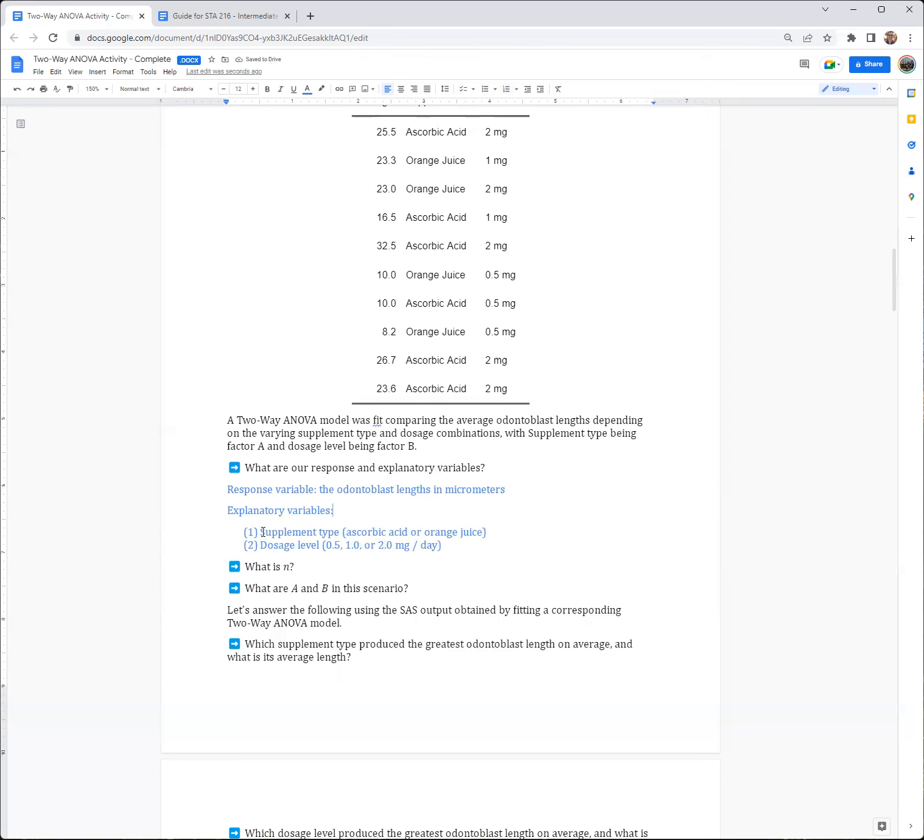So this is what makes it two-way ANOVA. We have two categorical variables and a single quantitative response variable.